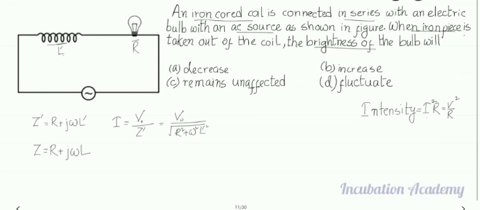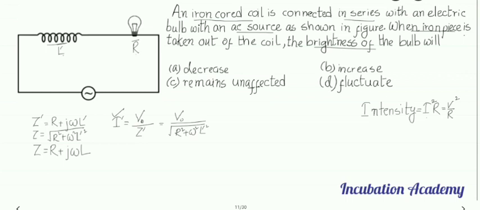It is the magnitude of the impedance, and the current is then I prime. I am using the magnitude here since I am using the peak value of the voltage, so I am getting the peak value of the current.